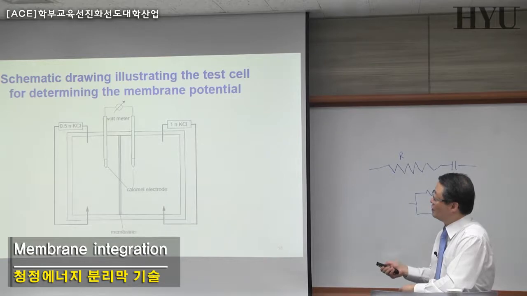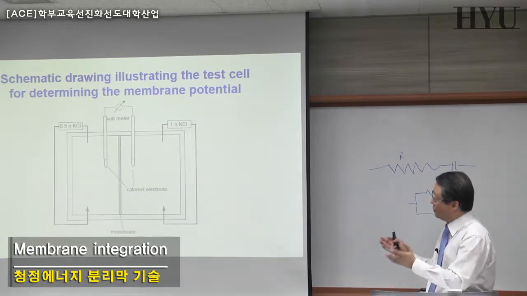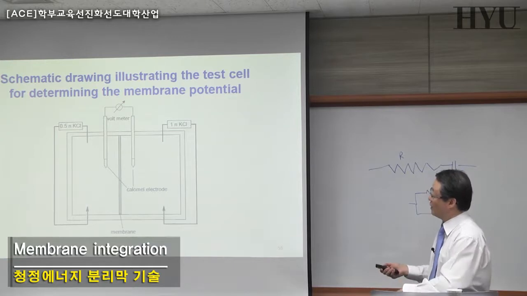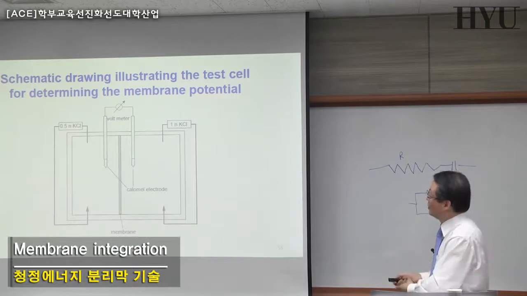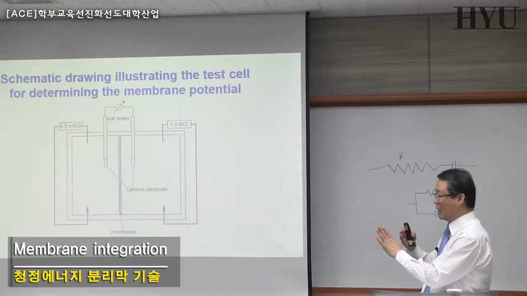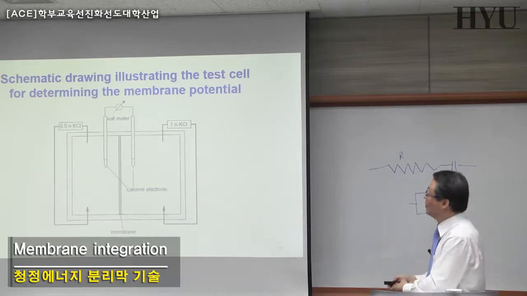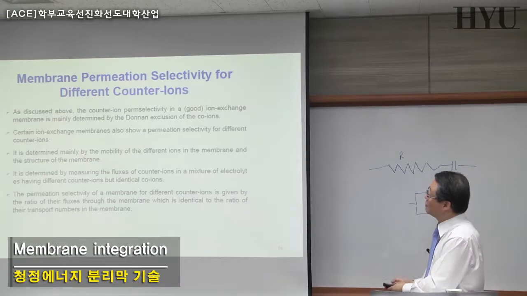And if you put the calomel electrode and apply the voltage, and if you apply the current, then you may have transport of the ions because of the concentration difference. The ion may have a transport through the membrane if you have electrical tension.